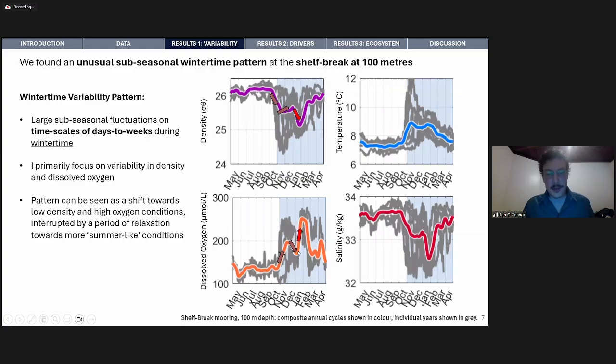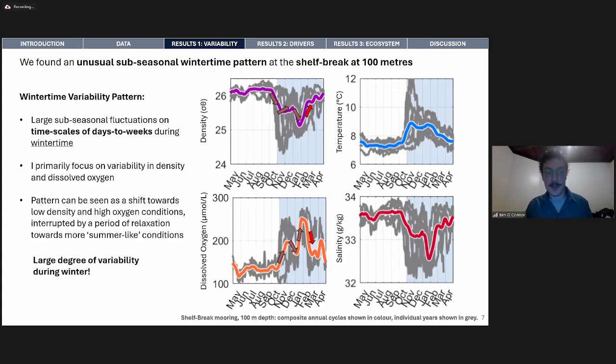And then right around the beginning of January, most years, we see a return to that evolution towards high oxygen, low density. And then eventually in the later spring months, February, March, we see the sort of permanent return to summer conditions for the year with some variability.